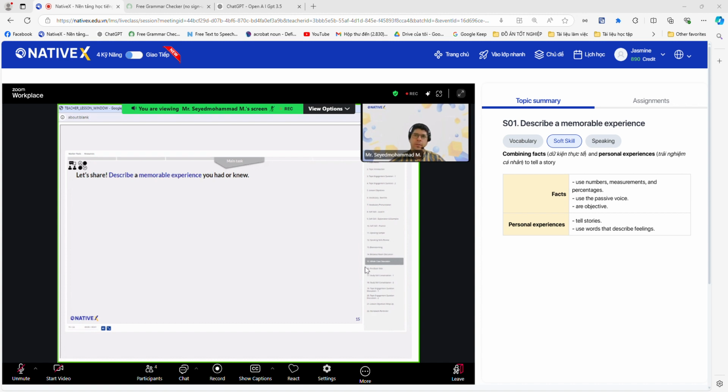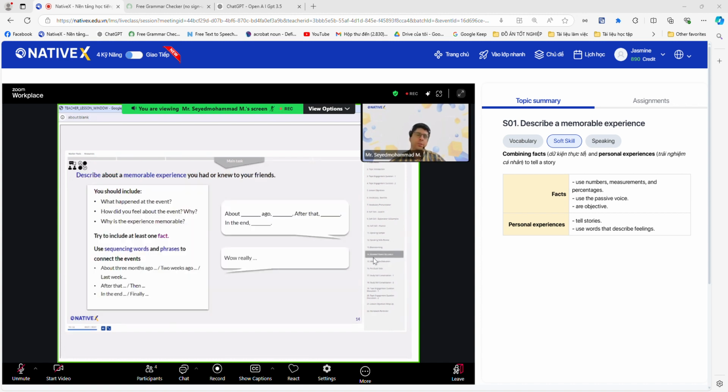Are you ready to start? If you are ready, you can start. Describe a memorable experience you had or knew to your friend. Yes, Tuen, stage is yours. Tuen, please start.